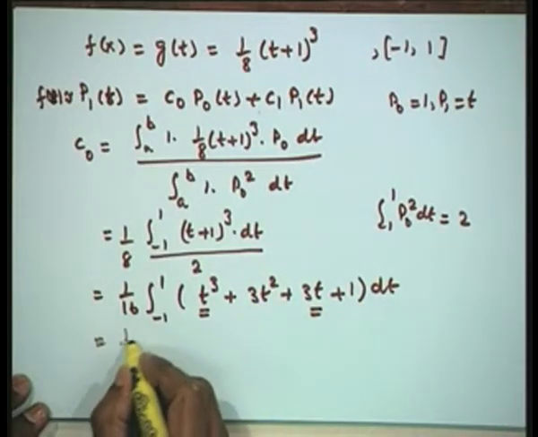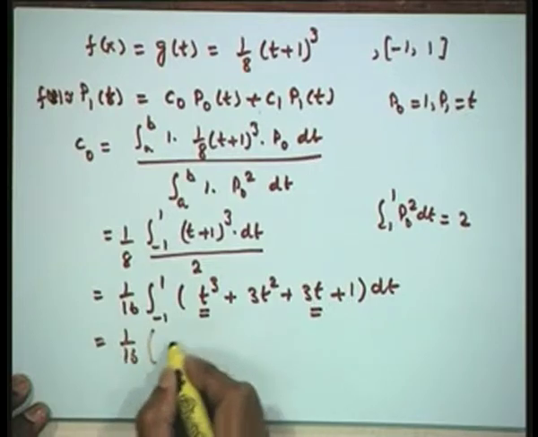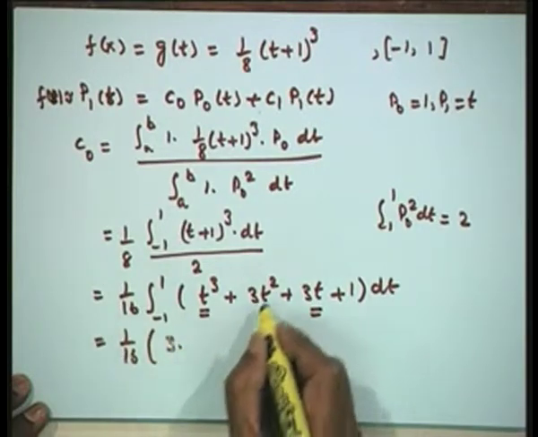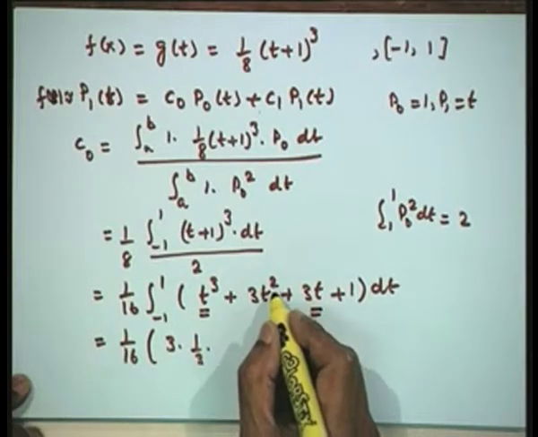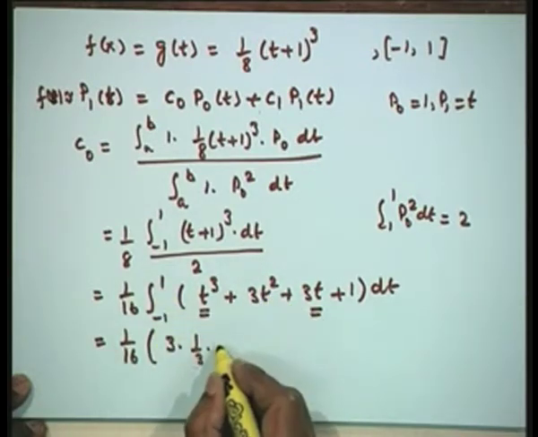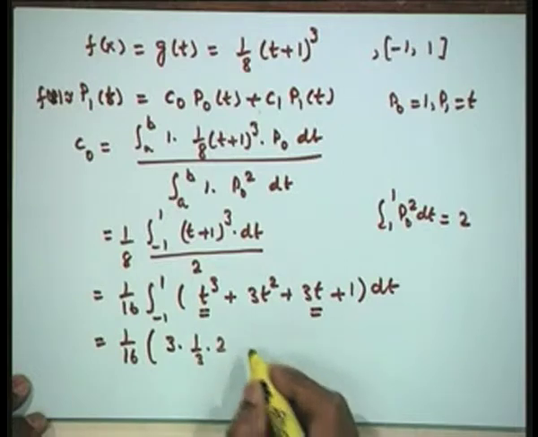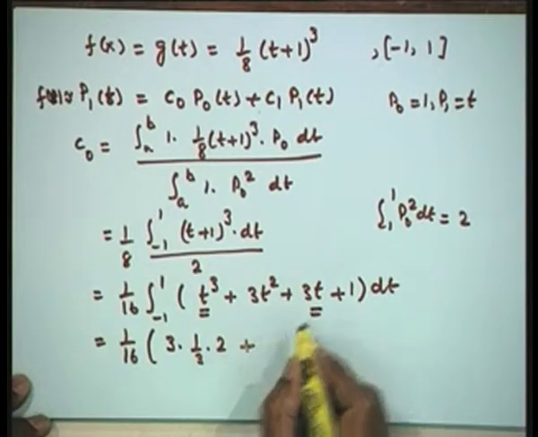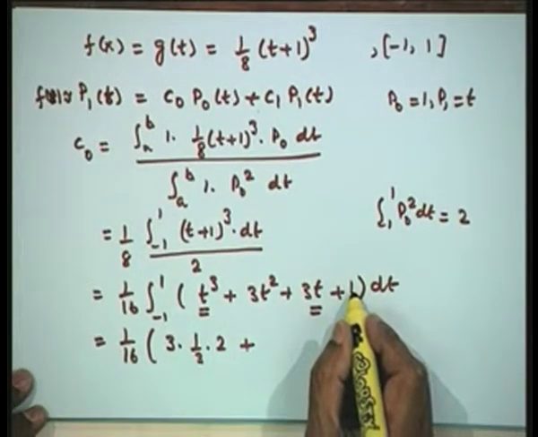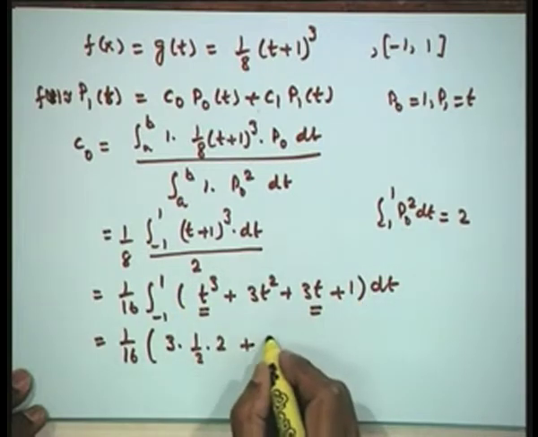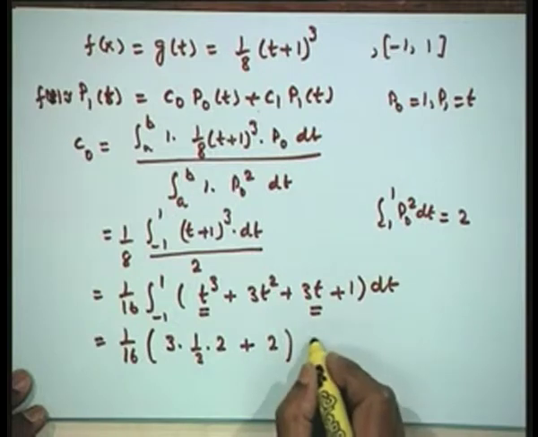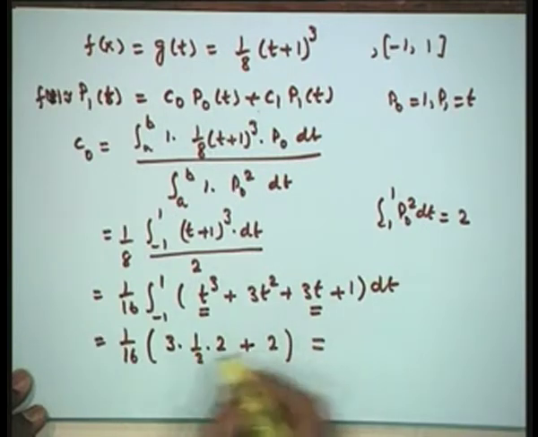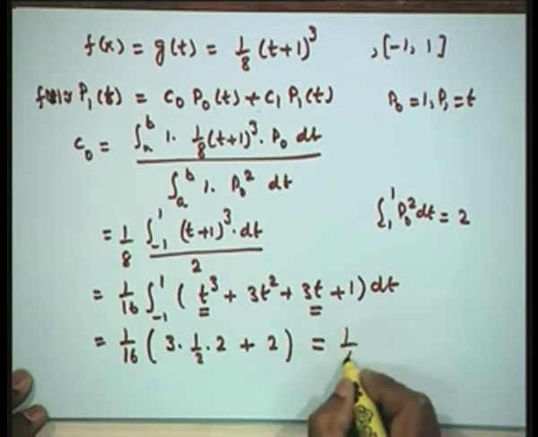So, this is 1 by 16, that is 3 into t cubed by 3, within the limits minus 1 to 1, that gives us 2. Then the integral of 1, that is t, gives us 1 plus 1, that is equal to 2. Therefore, this gives us 2 plus 2, 4, that is equal to 1 by 4.